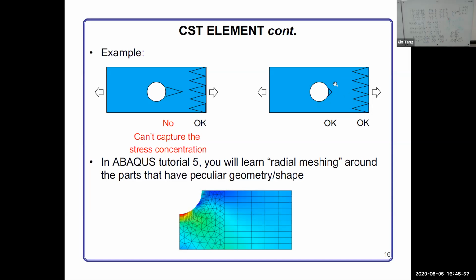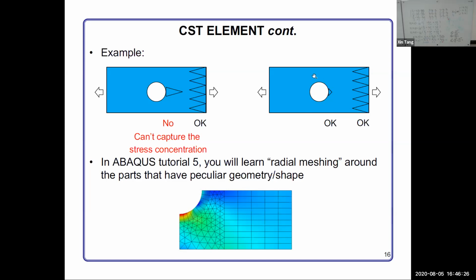So in the EPICS tutorial 5, you can learn in the graphic interface how you can mesh the region close to the circle more densely, and then gradually increase the element size to the regions further away from the defects.